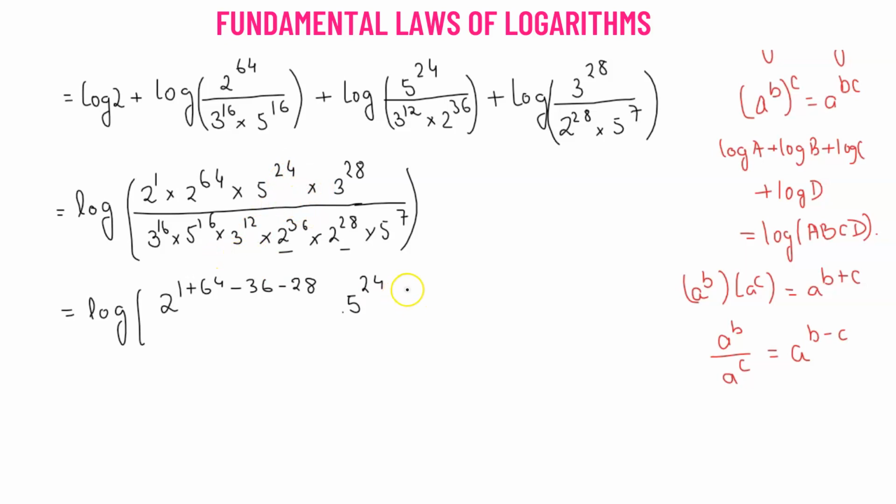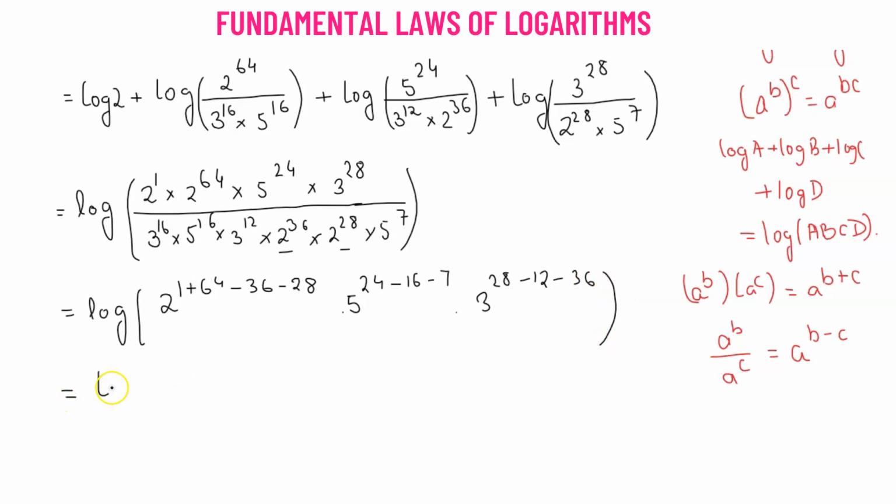Then in the denominator we have negative 16, negative 7. Multiplied by 3 raised to the power of 28 in the numerator, and in the denominator we have 3 raised to the power of negative 12 and negative 16.